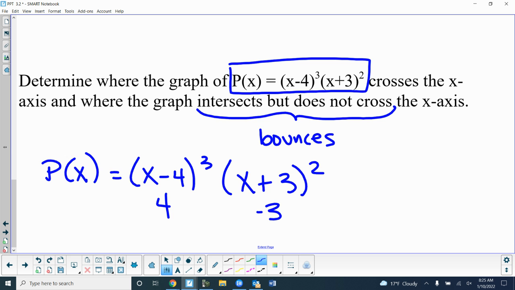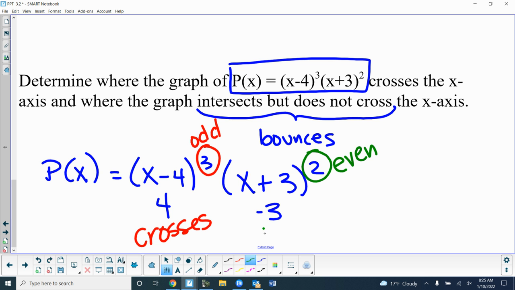If the exponent is odd, it crosses. It actually goes through. If it's even, it bounces off. That's all you got to know about that.